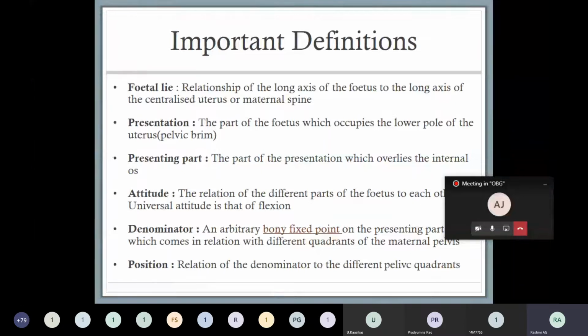Basically 6 positions in vertex presentation: left occipital anterior, left occipital posterior, left occipital transverse, right occipital anterior, right occipital transverse, and right occipital posterior. Position is the relationship of the denominator of the presenting part to the right or left of the maternal axis. In occipital posterior, the position of the occiput is posterior in the pelvis. So that's about the position.